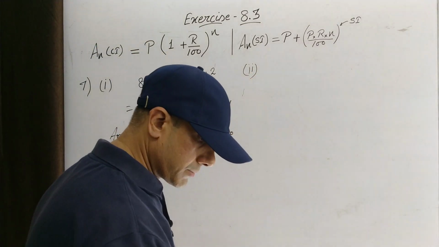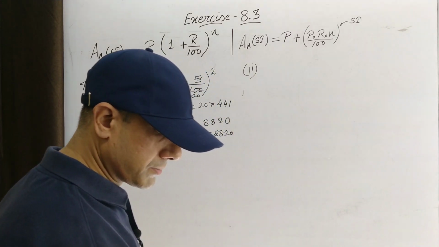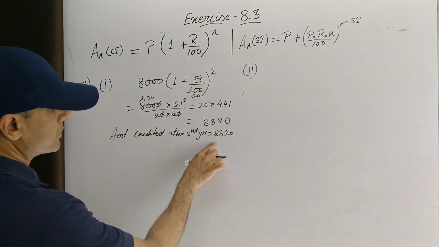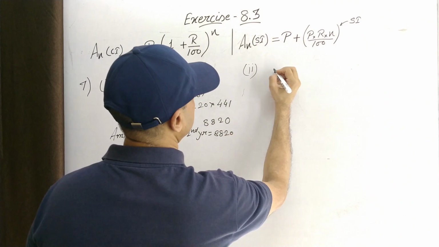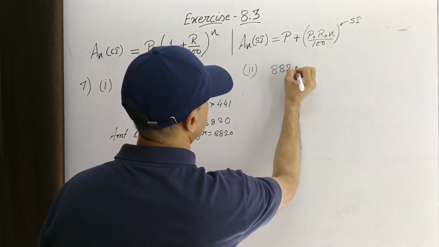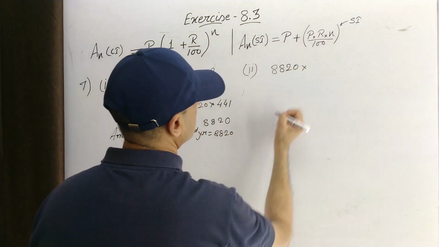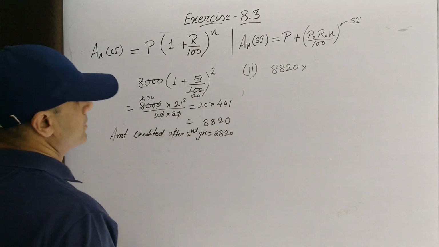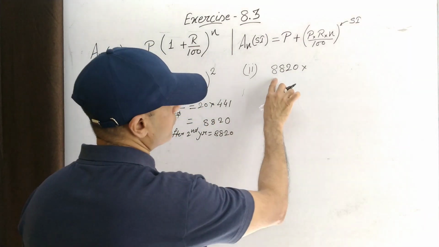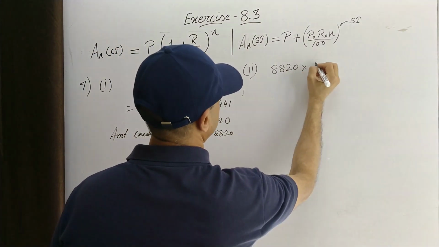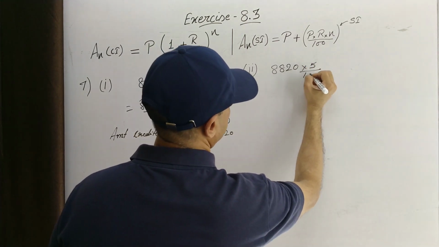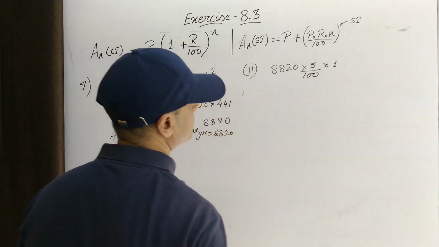Second part, the interest for third year. For the third year, principal amount is 8,820, and on this we'll calculate simple interest, that is 5% for 1 year.